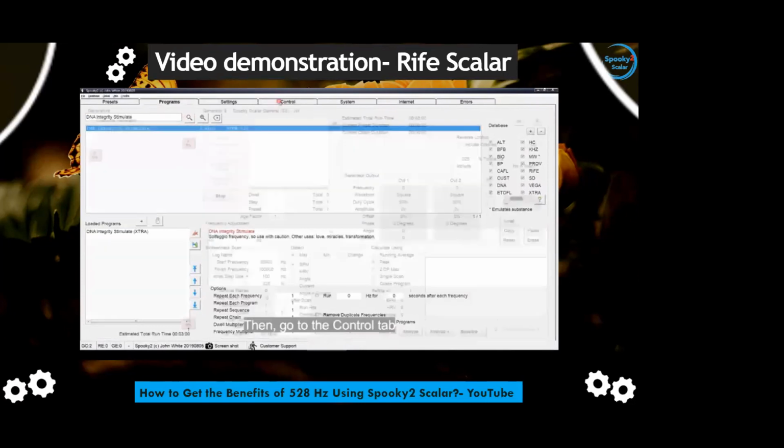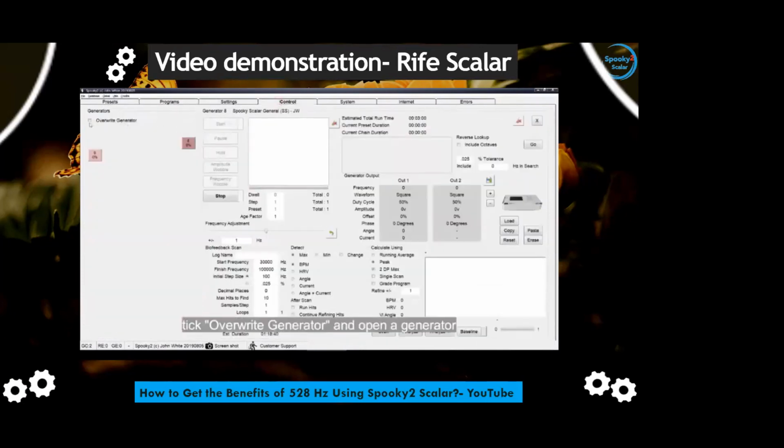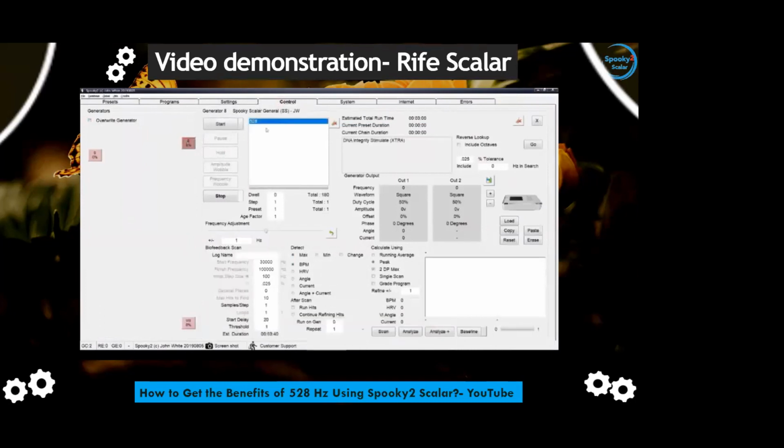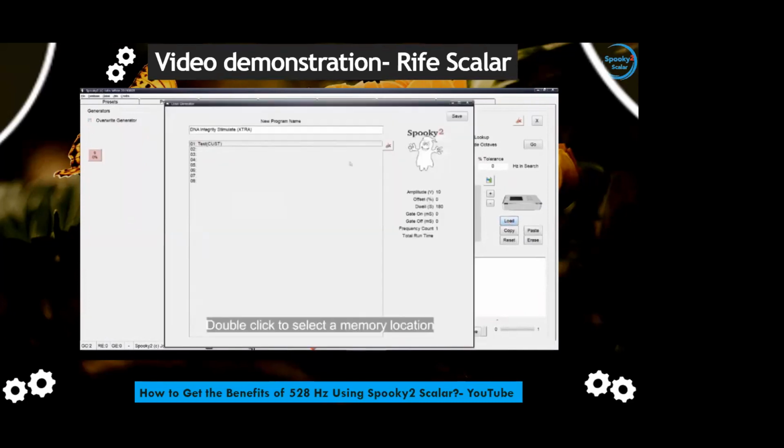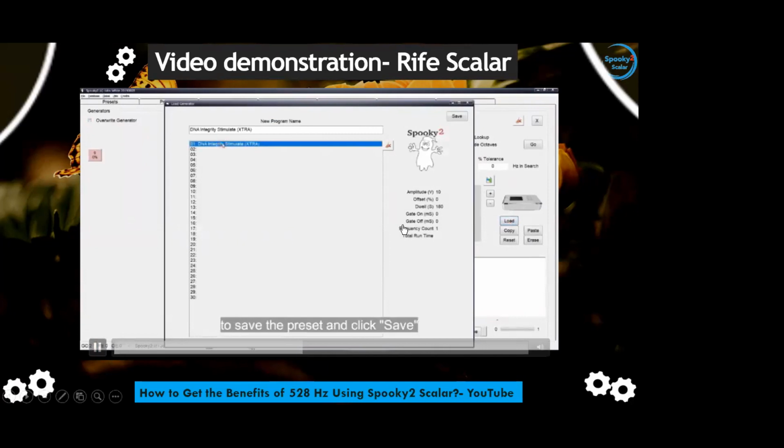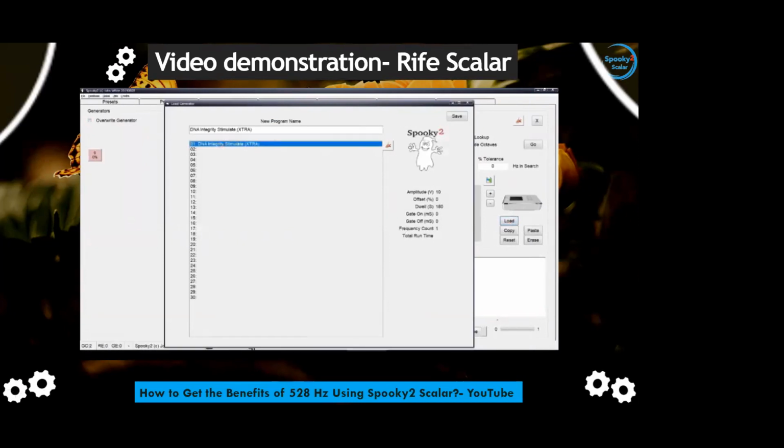Then, go to the Control tab, tick Override Generator and open a generator. Click the Load button. Double-click to select a memory location to save the preset, and click Save.